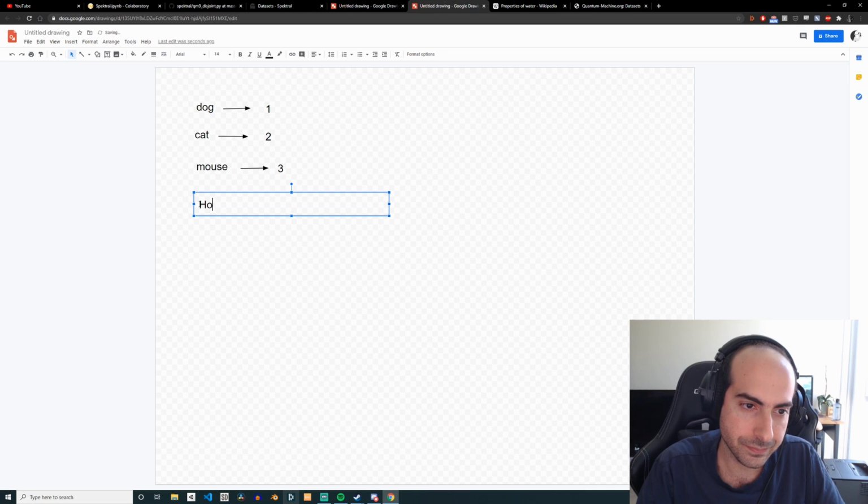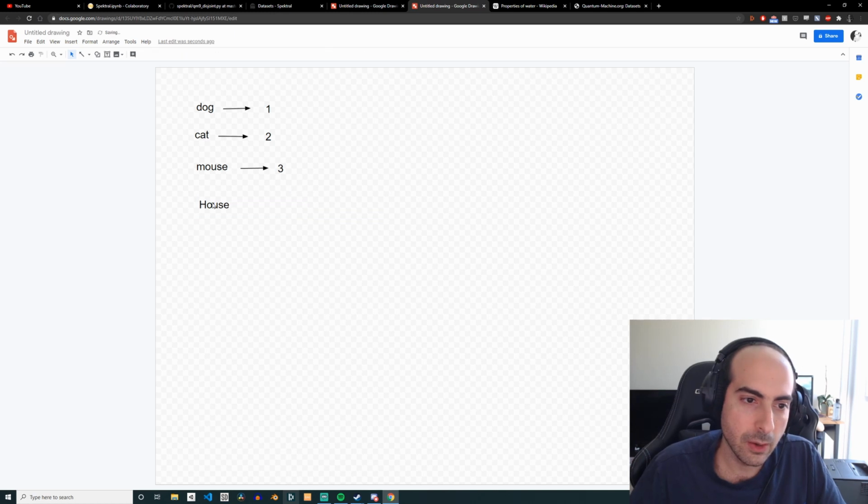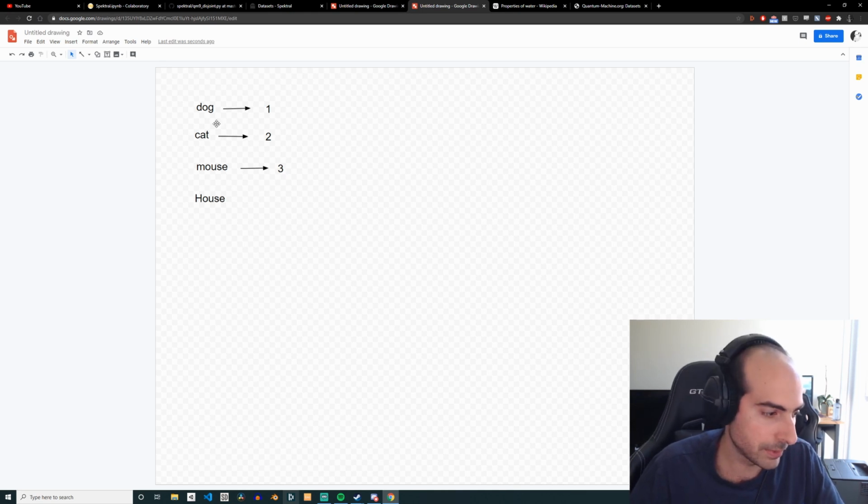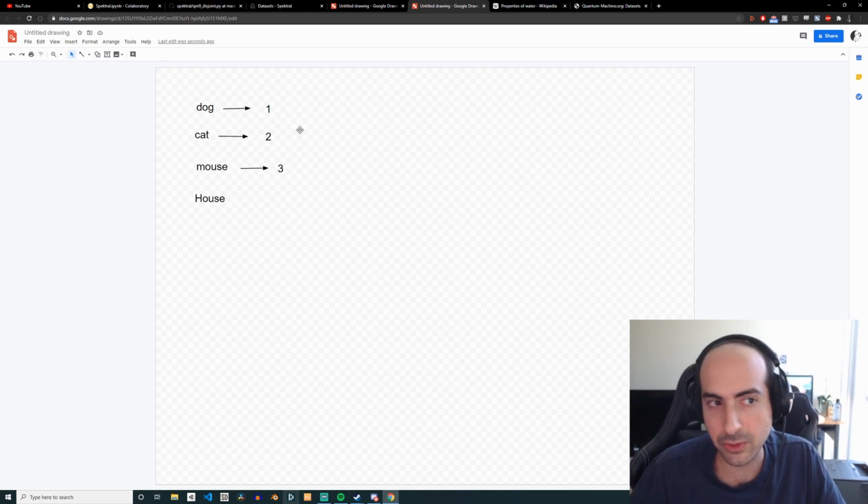Ideally, I want the label of house to be very far away from the label of mouse, because I have this implicit understanding that houses aren't very similar to mice, whereas dogs, cats, and mice are all mammals. And so I want their vectors to be similar.